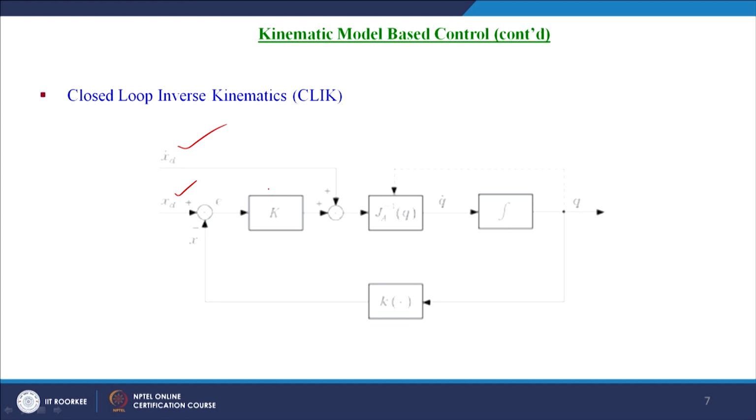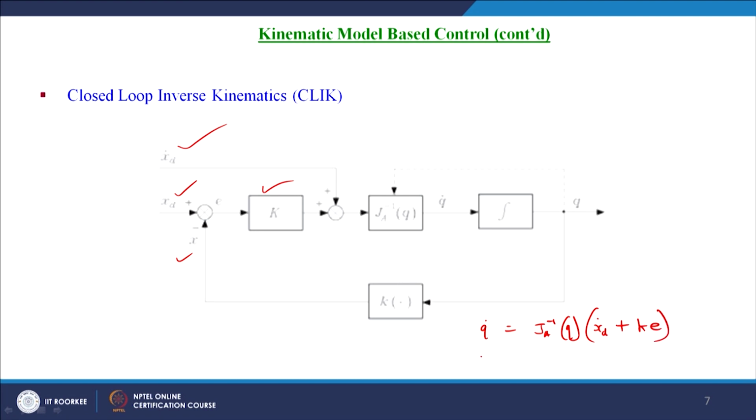That gets into the control gain, the error between the desired trajectory and the actual trajectory is summarized here, so that finally q dot is equal to J pseudo inverse into x d dot plus K e.